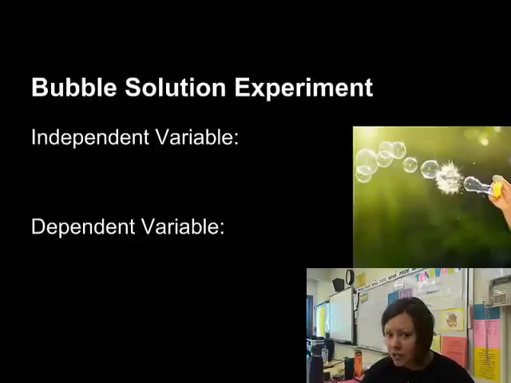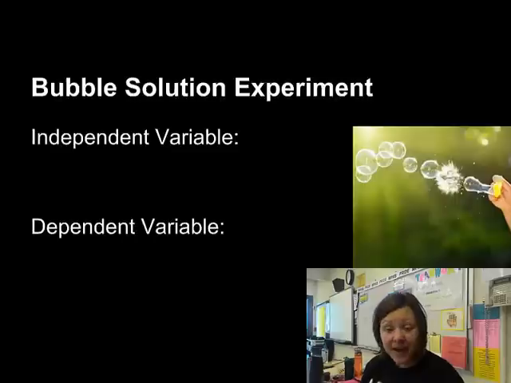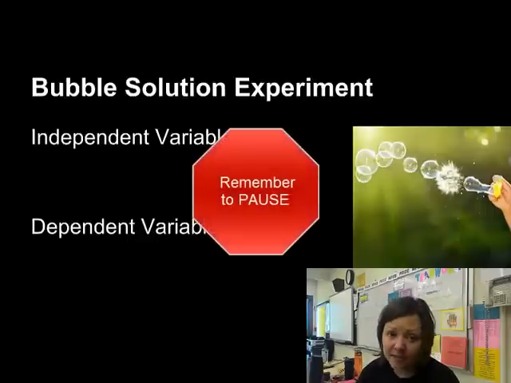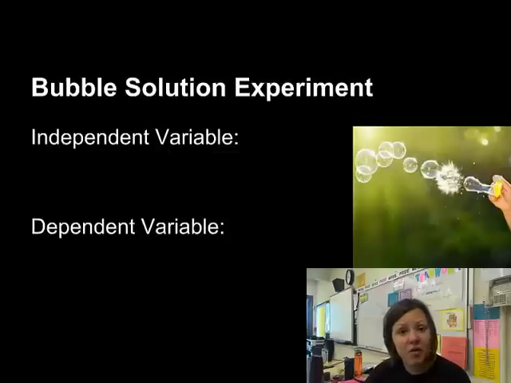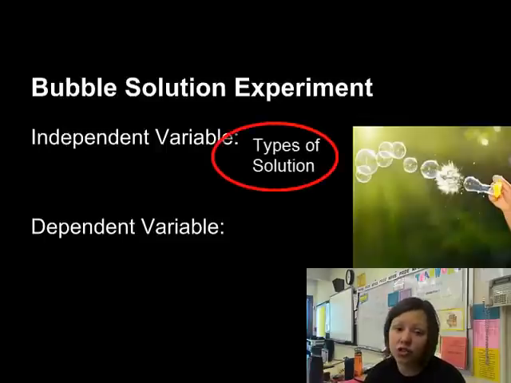If Ty was to do an experiment where he's testing different bubble solutions that he can buy from a store, to find out which one will produce the most bubbles, what would be his independent variable? Pause for a second and think about it. See if you can figure it out. What's the one thing that he would change in the experiment? If you said the type of solution, you would be correct.